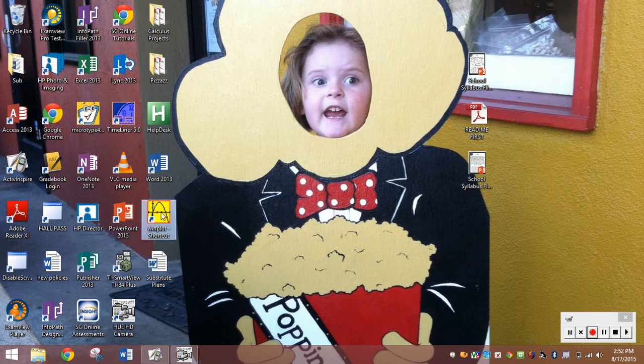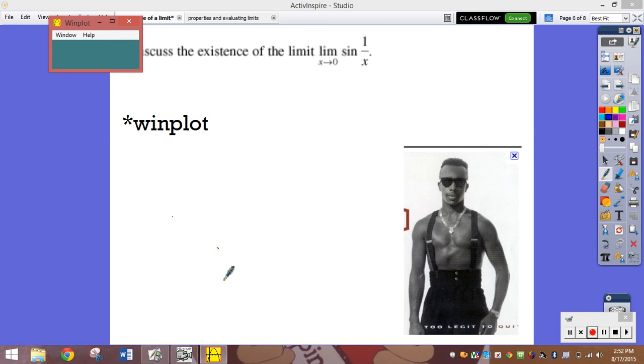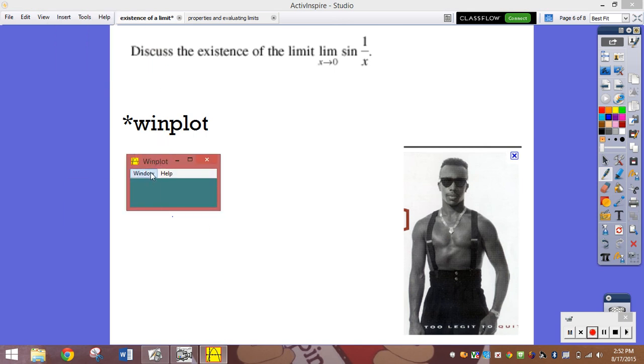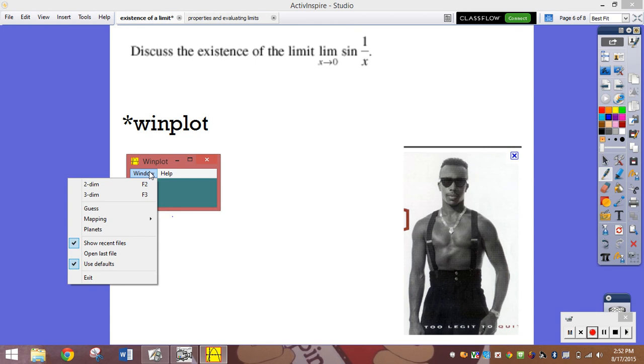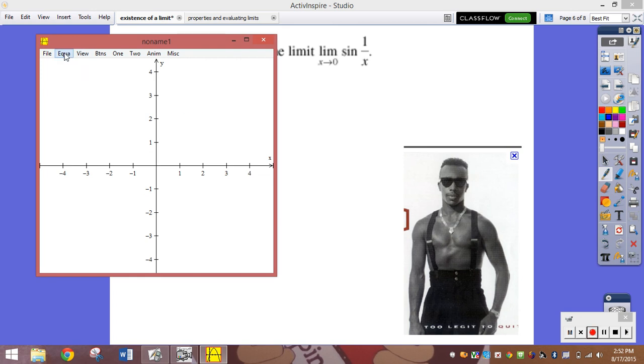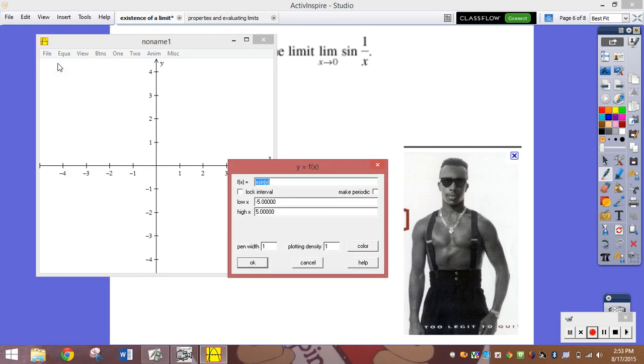So if I just open WinPlot on my computer, it looks something like this. And it's really not anything extravagant, but if you go to Window and we want to plot in 2 dimensions, and I want to enter an equation, so I go to the Equa menu, and it is an explicit, which means it's in the form y equals, and then whatever my function.